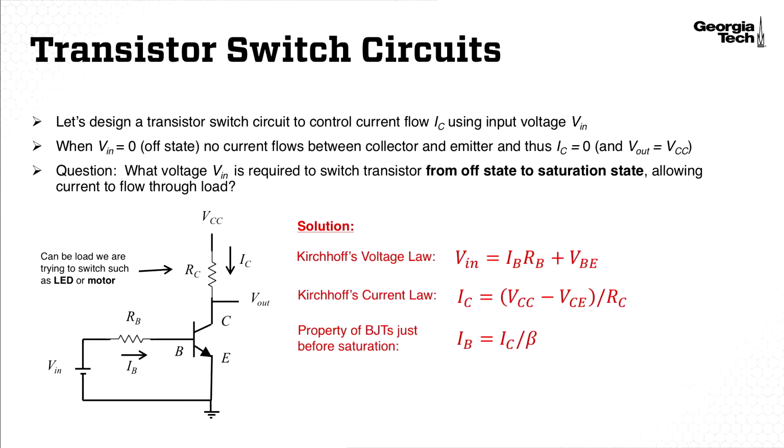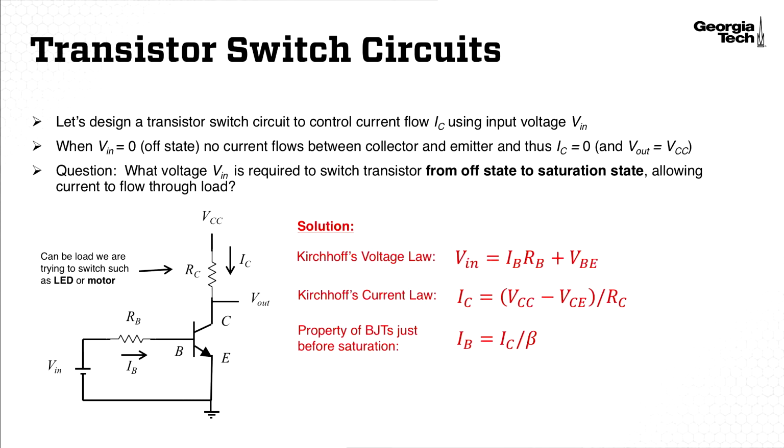To solve this problem, we'll turn to Kirchhoff's laws. To start out with, we can analyze the loop at the bottom left and look at the voltage drops across that loop. So Vin is equal to the voltage drop across the resistor RB plus the voltage drop from the base to the emitter.